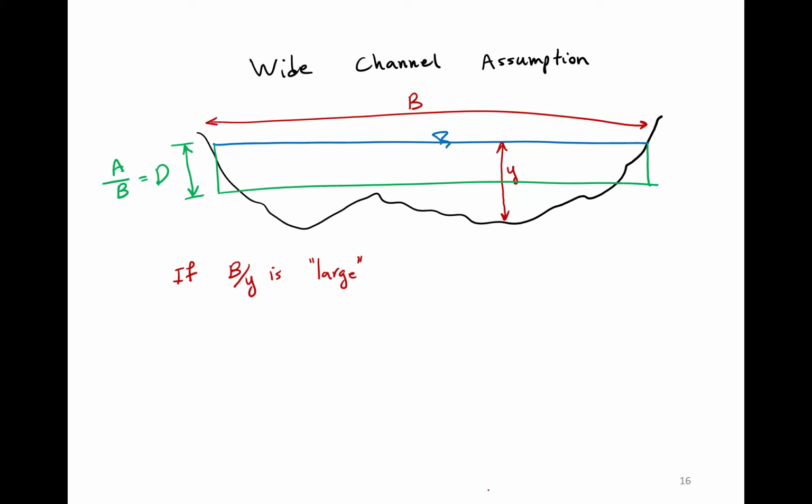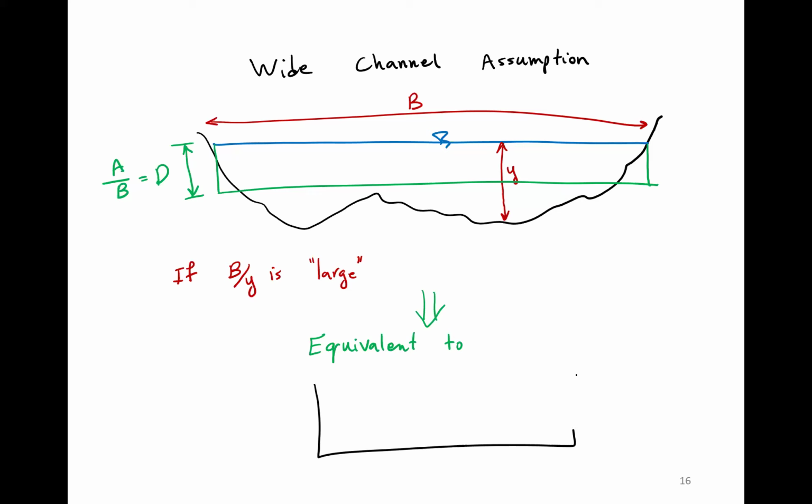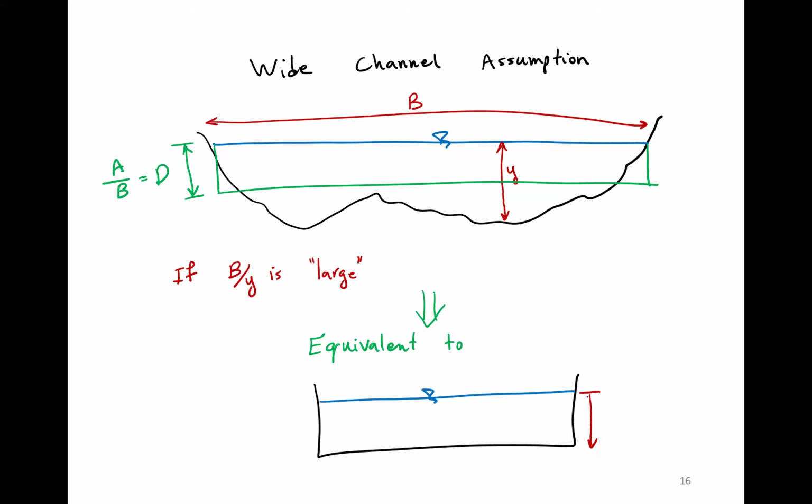So for simplicity, I'm going to assume that it's just like a rectangular channel, and then look at it as the equivalent shape, equivalent to this rectangular channel, with a depth of D and a width of B.